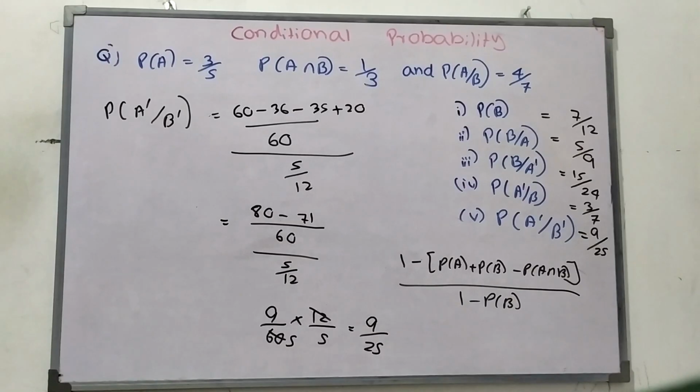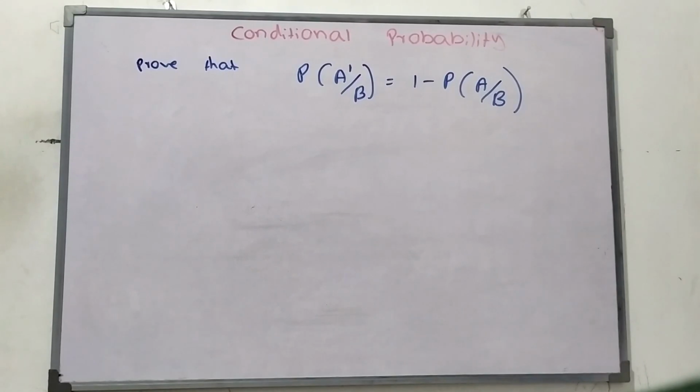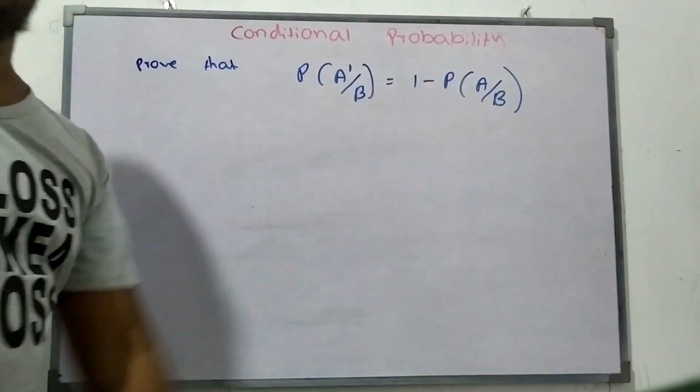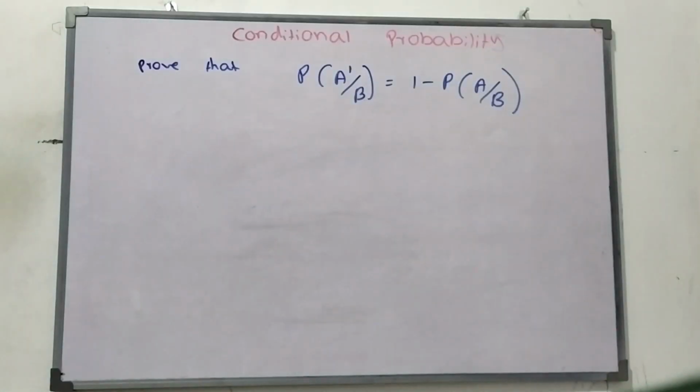Okay, so according to conditional probability, I have something to prove to you, right? Children, this is the thing that I want to share with you. P(A dash over B) equals 1 minus P(A over B). So how to prove this? I'm just going to start from the left hand side.